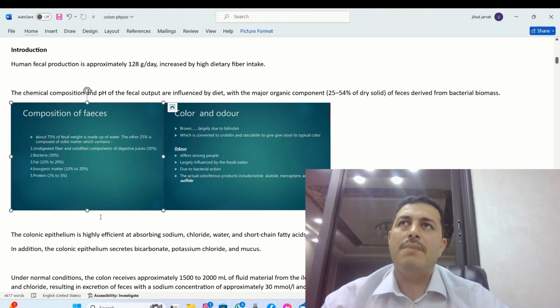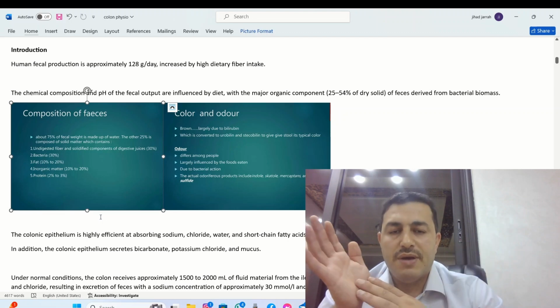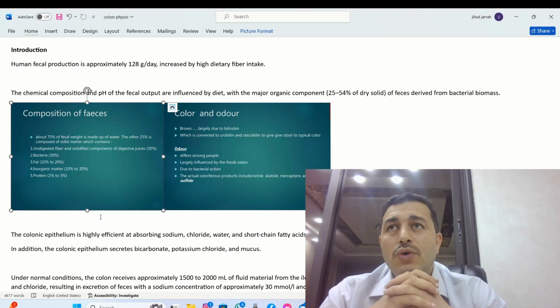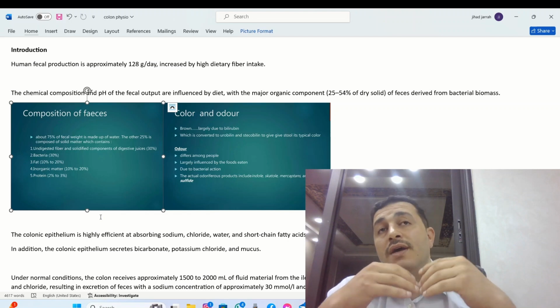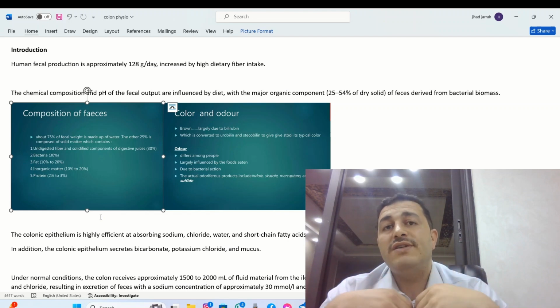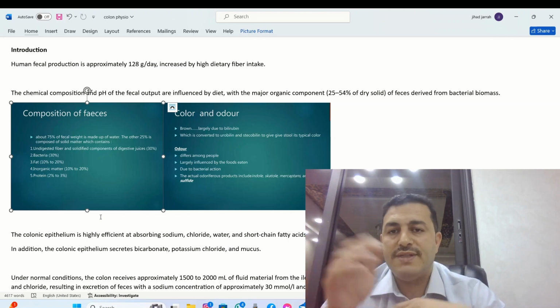Most of the feces, up to more than 50%, actually is water, and about 100 to 200 of water is excreted with feces.